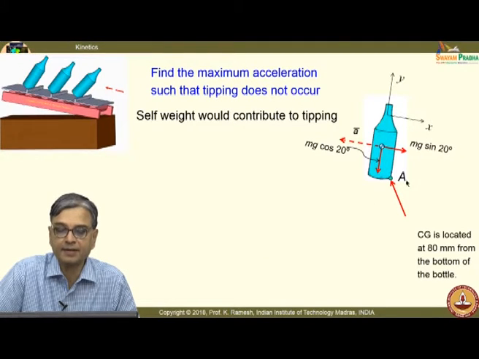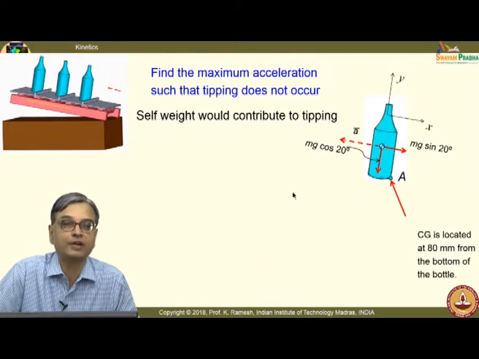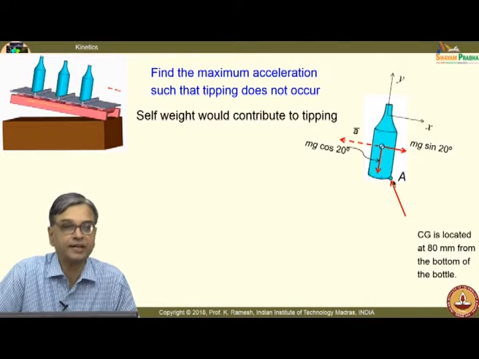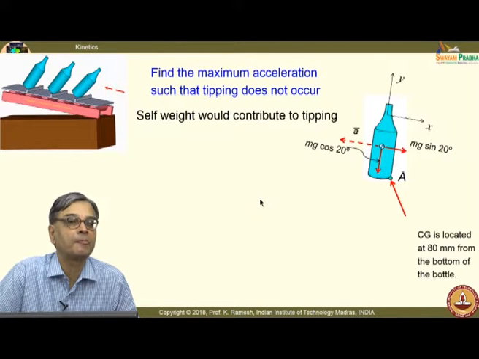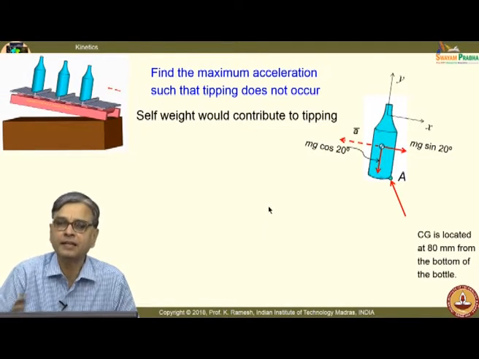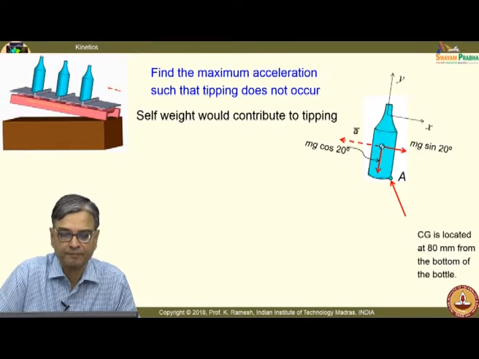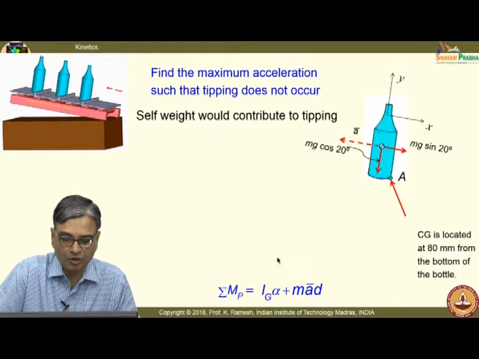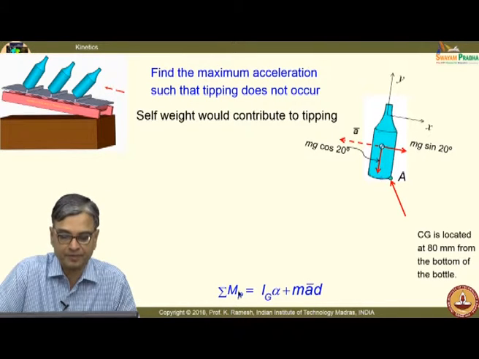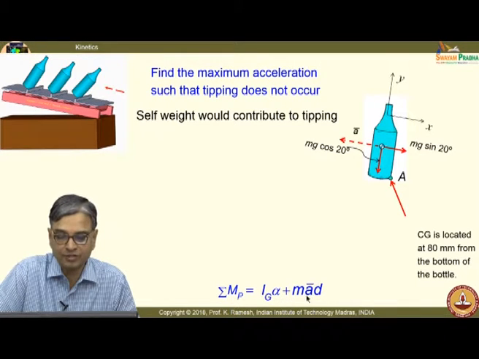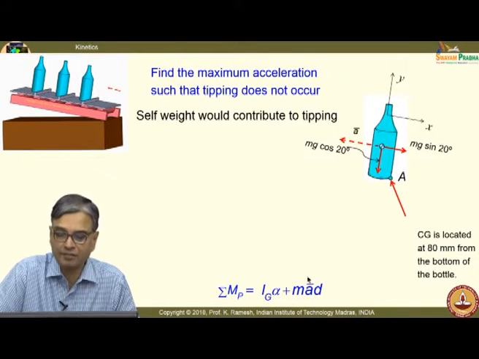Since this diagram is complete, you are in a position to write the appropriate equations, and it is desirable that we do it at point A, and this is nothing but an arbitrary point P. So, you are going to invoke this equation, summation of M_P equal to I_G alpha plus mass into acceleration of the mass point and the distance d.